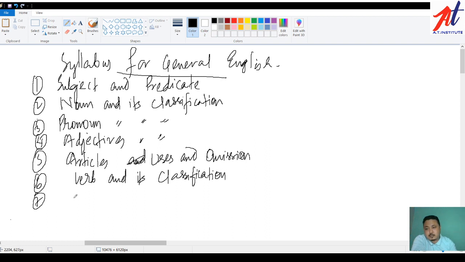Seven we have is adverb. Eight is conjunctions.